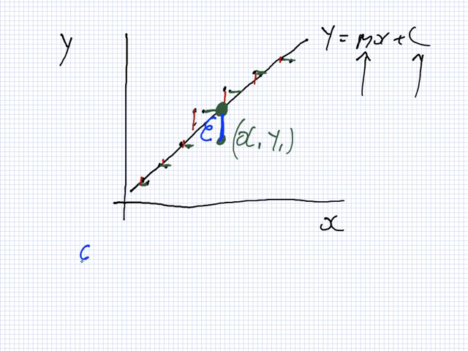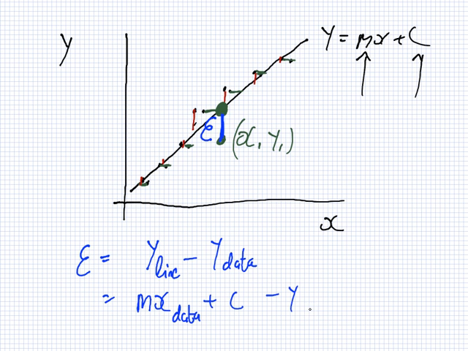So how do we calculate the error? Well, that would be the y value on the line minus the y value from the data, the difference between the two. This is equal to m times x from the data, plus c, minus y from the data. Now, if you think about it, we do know the m, we know our x obviously, it's in the data, we know our c, and we know our y in the data.